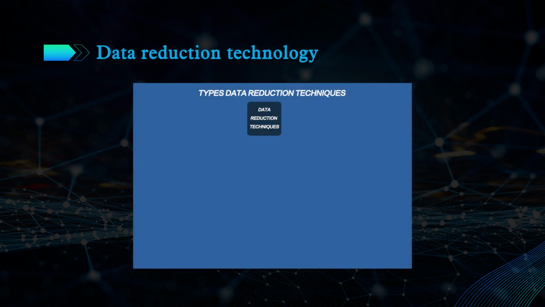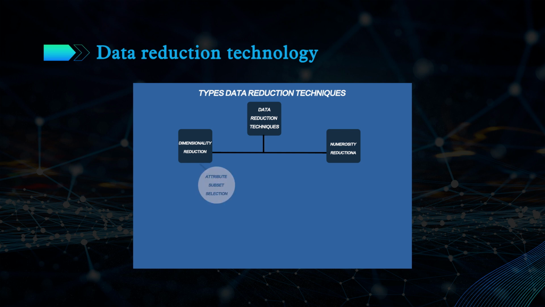Data reduction technology includes dimensionality reduction and numerosity reduction. Dimensionality reduction includes attribute subset selection, principal component analysis, also called PCA, and wavelet transform.